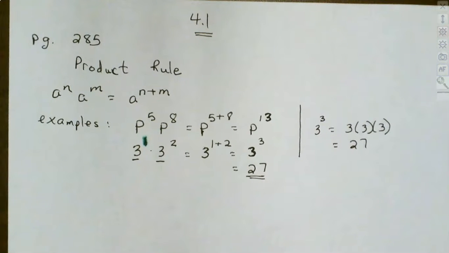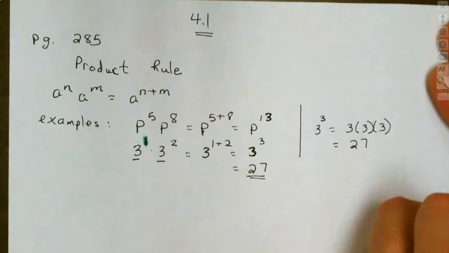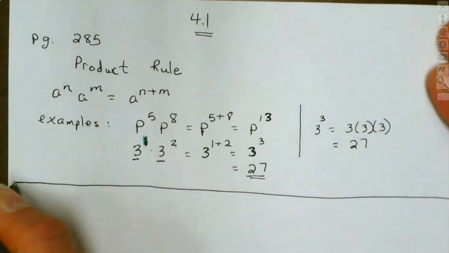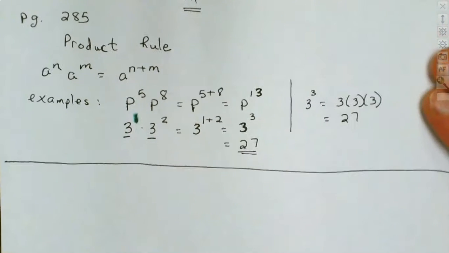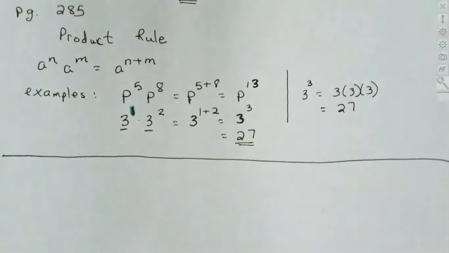But if your power is something like an 8, a 9, or a 10 or larger, we will leave it alone, because then the numbers get too large. So if it's a small number, like 3 cubed, we can break that down. But if it would have been something like 5 to the 5th, or 5 to the 6th, we would leave it alone. So that is your product rule. So when we multiply, the exponents add together. Next, we have the quotient rule.